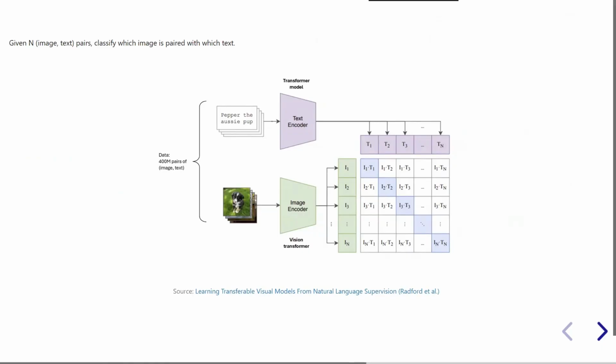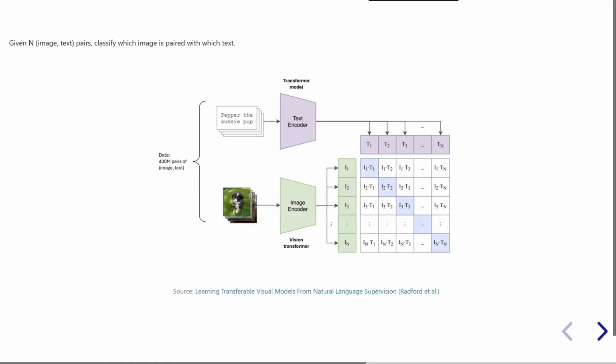So we cannot access this data. We have no way to verify exactly what it looks like, but of course, there is a quite long description in the paper that suggests that we have images like this image of this dog, and then we have some text such as "Pepper the Aussie pup".